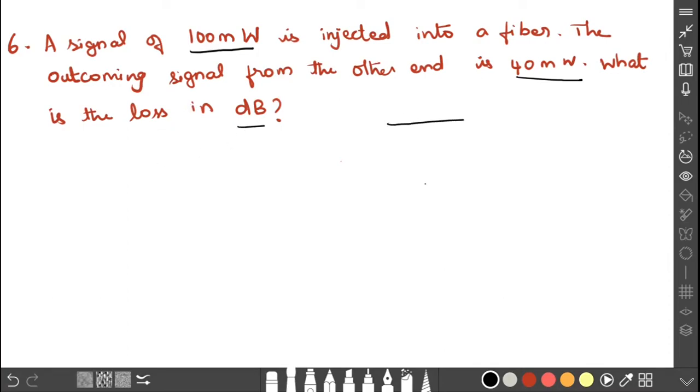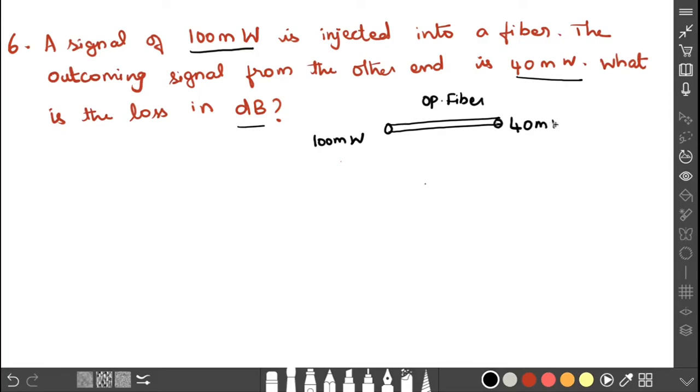This is the optical fiber. The signal injected into the fiber is 100 milliwatt, so here they are injecting the signal. The outcoming signal will come from the other end, which is 40 milliwatt.